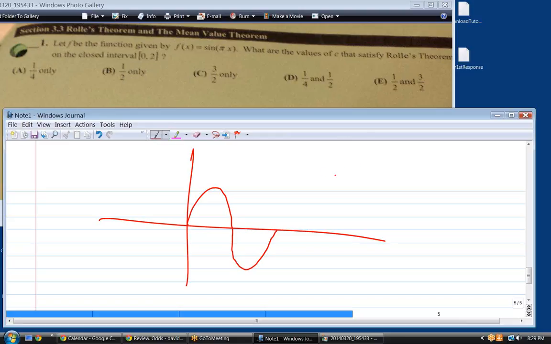So the average slope is what? It's sine of 2 pi minus the sine of 0 is the average slope, which is 0.